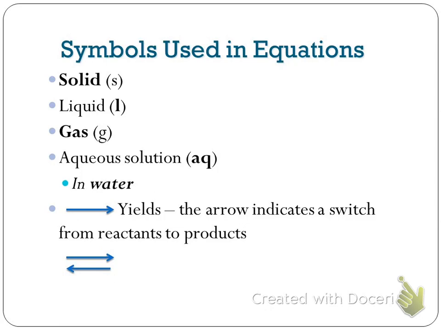What do you think might be the case with a double arrow, or a double-headed arrow? Any idea? Yeah. Convert back into each other. Yeah, good. A double arrow means that we can have a reverse reaction or a reversible reaction. It means it can go forward and then it can go back, right?